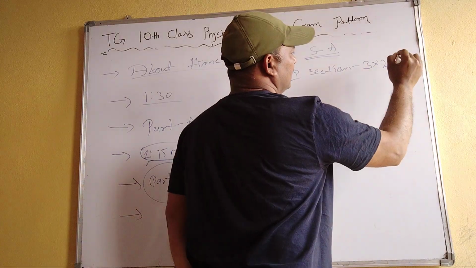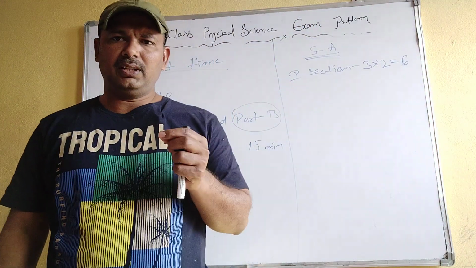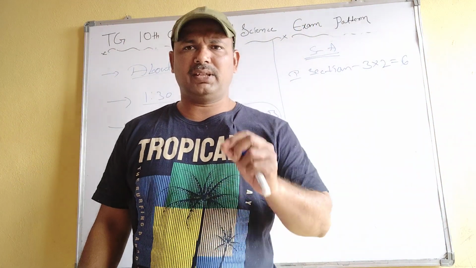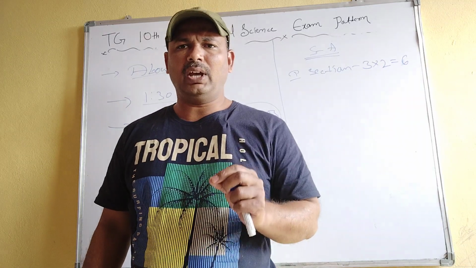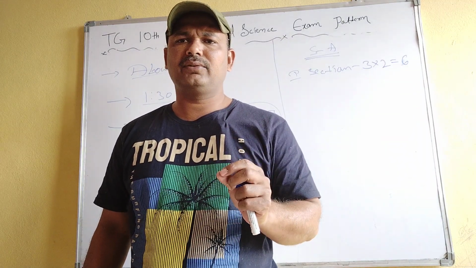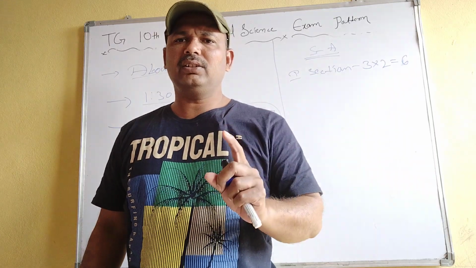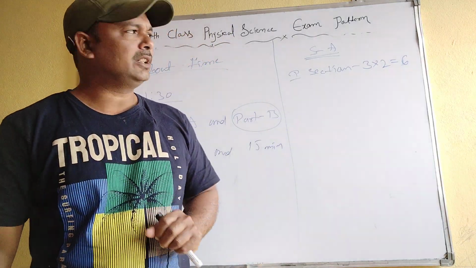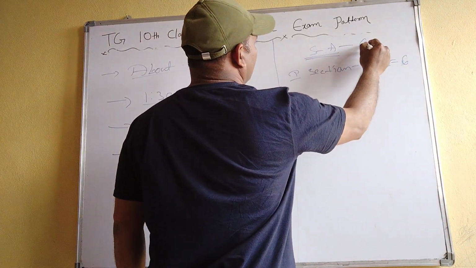That means 6 marks. In part A, section 1, you are allotted 3 questions, and you have to write all 3 questions. Each question carries 2 marks, so section 1 has 6 marks.